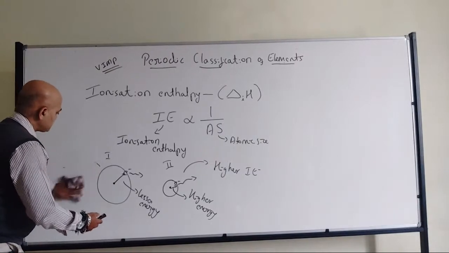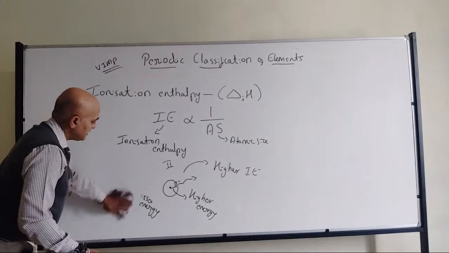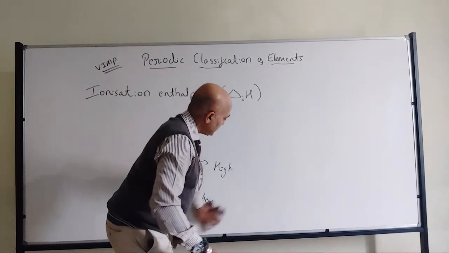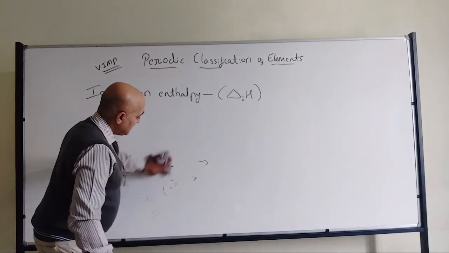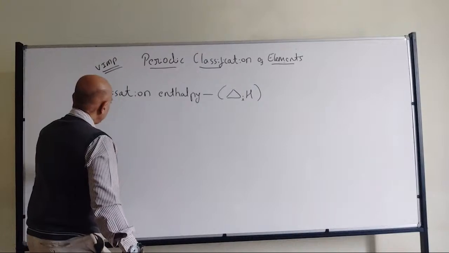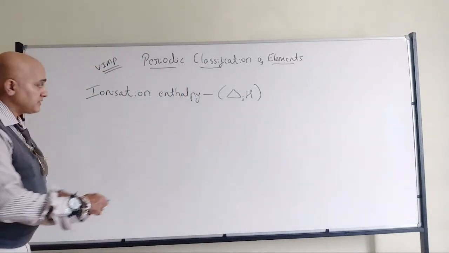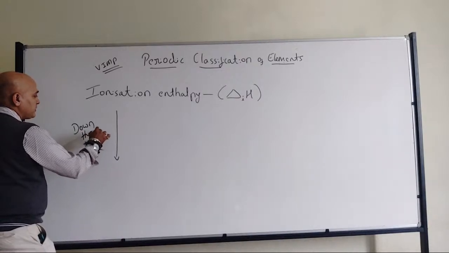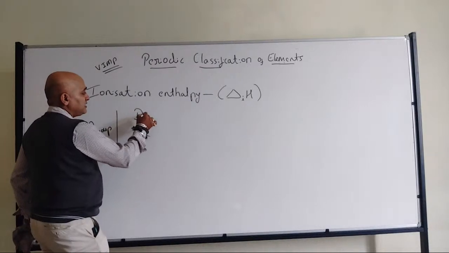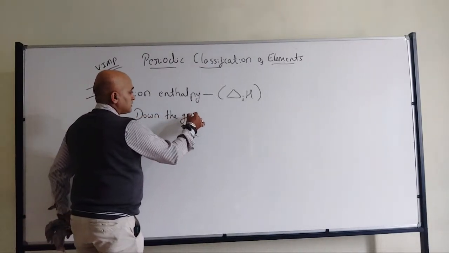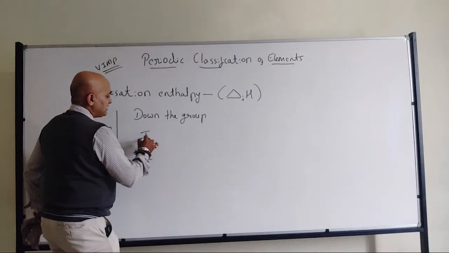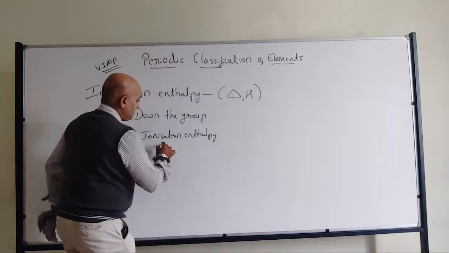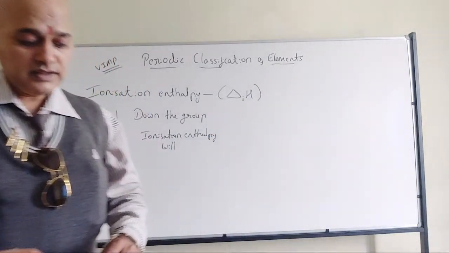So if you have understood this one, now since atomic size and ionization enthalpy are inversely related, I can tell that with respect to ionization energy, down the group, will ionization enthalpy increase or decrease?